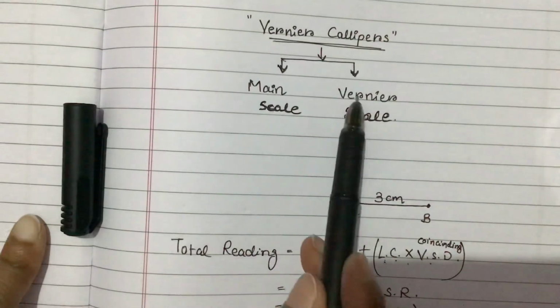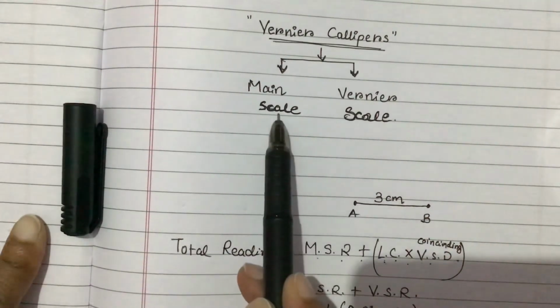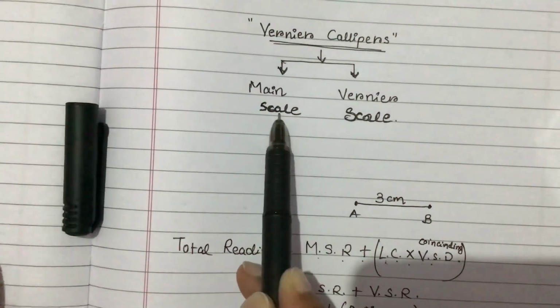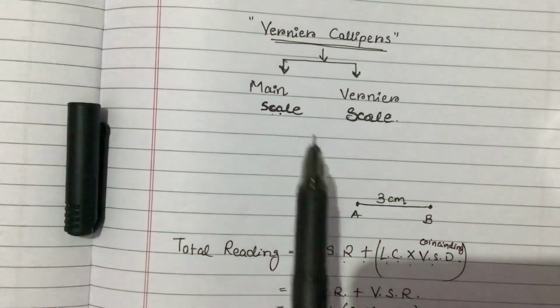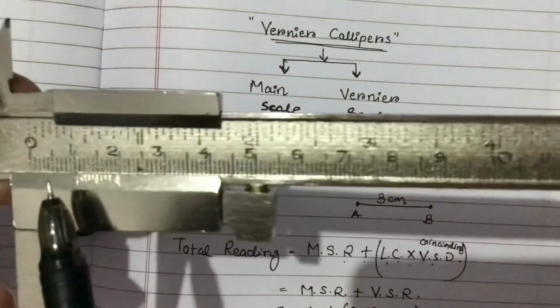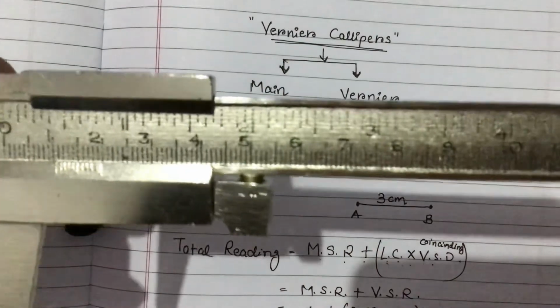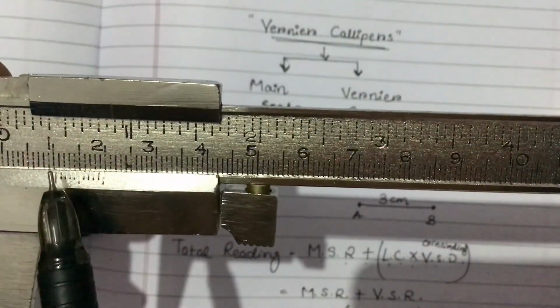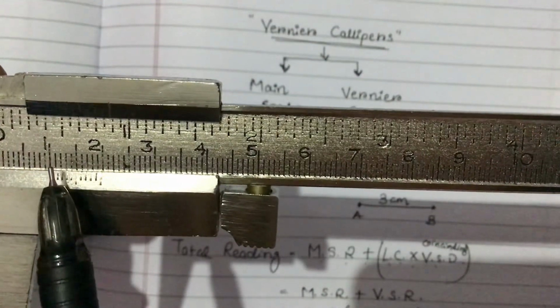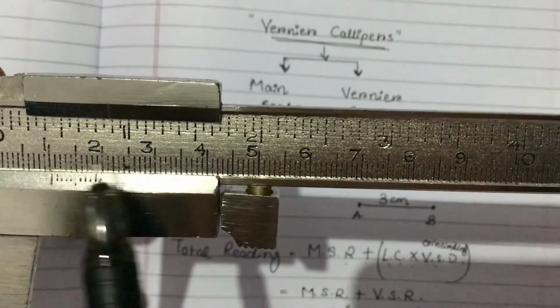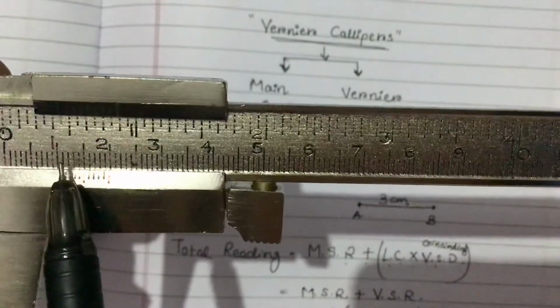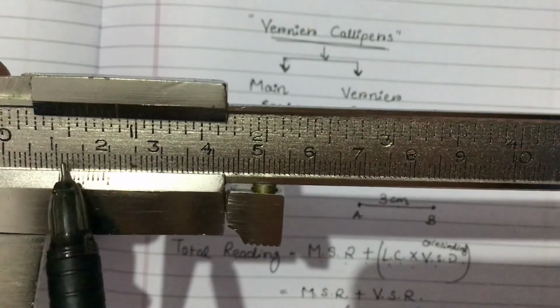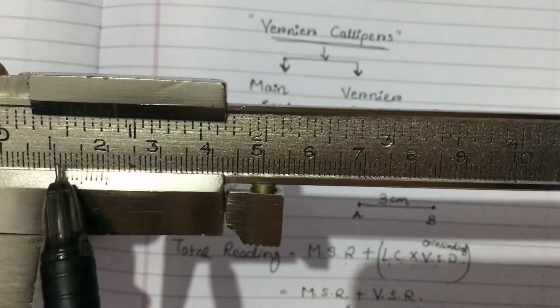It has a main scale and a vernier scale. I hope you remember how to read a main scale. You just need to check where the 0 of the vernier scale is coinciding, on which division of the main scale. Like over here it is in between 1 and 1.1, so take the previous value, which is 1.